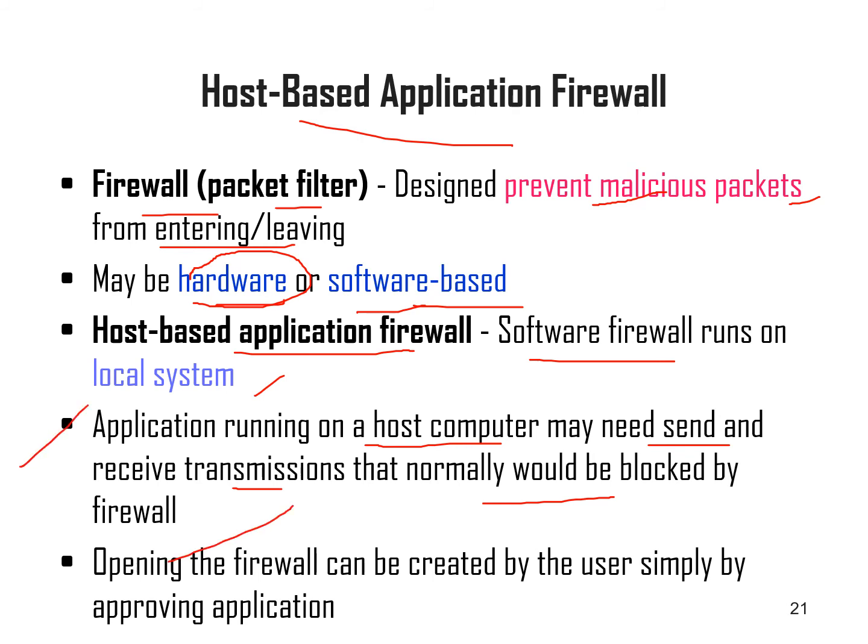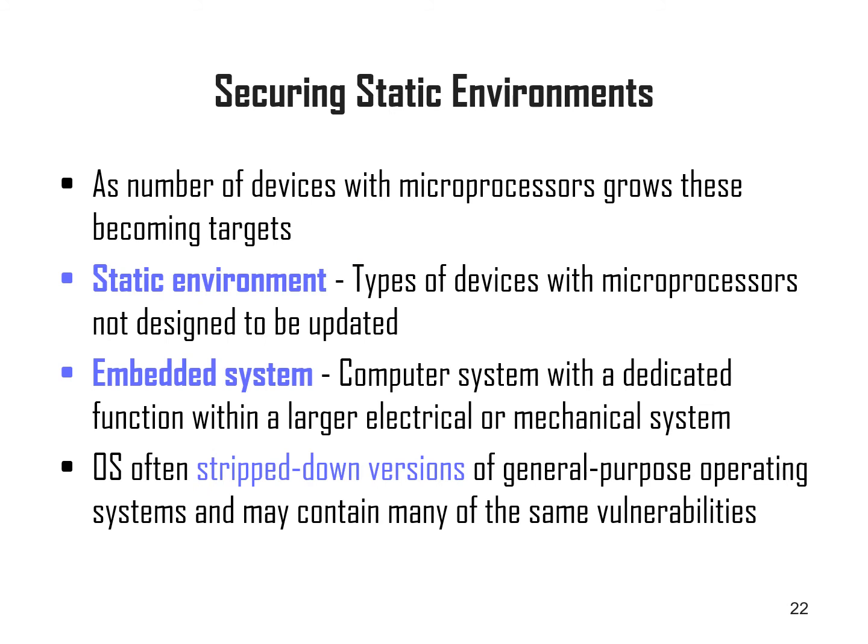If it is an anonymous packet transmitting over the network, then it has to be stopped. So that is the important behavior of the firewall, used to block malicious packets and all. Opening the firewall can be done by the user simply by approving the applications. So these are the usual configurations happening in the firewall.